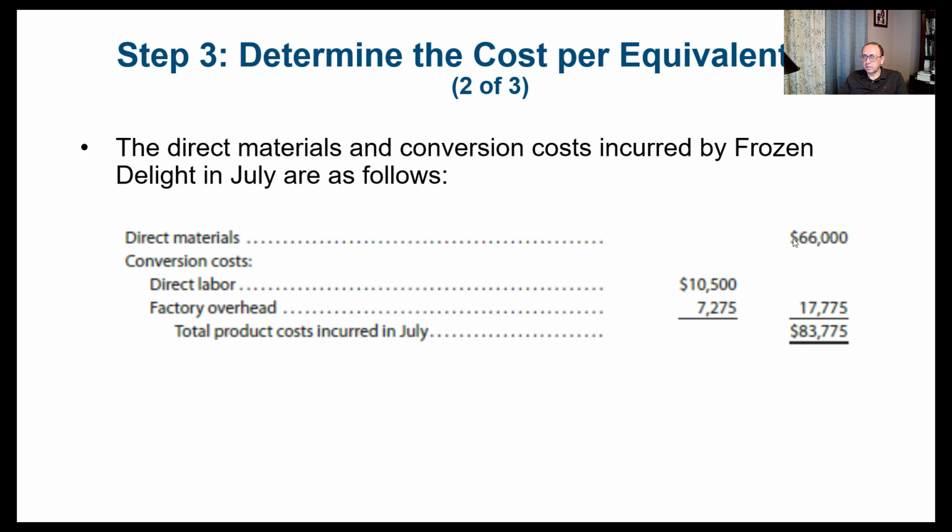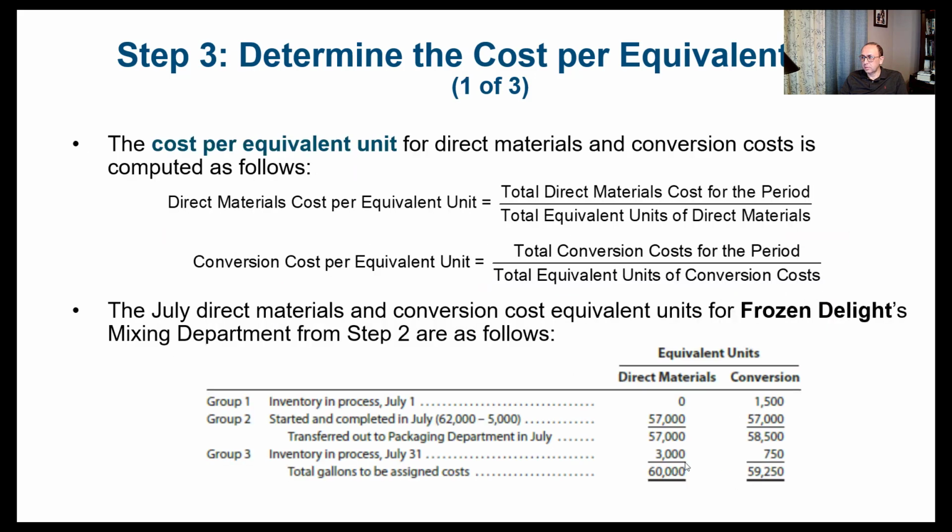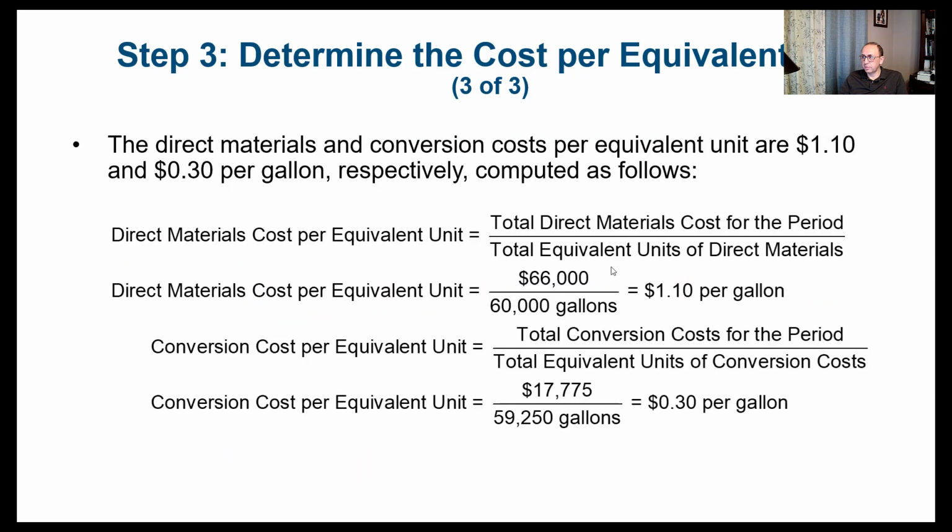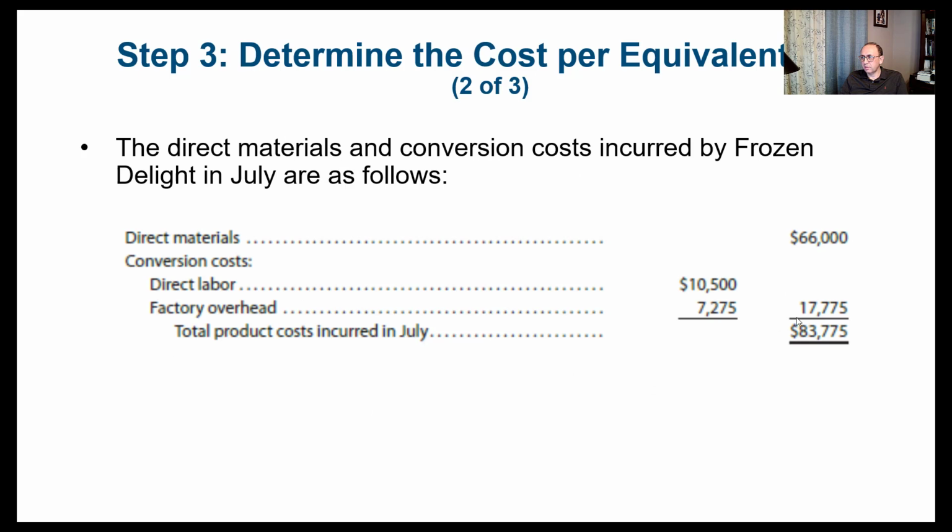Again, the 66,000 was the direct material, and this is the 60,000, the equivalent number of units. So 66,000 divided by 60,000 gallons is $1.10 per gallon. For the conversion cost equivalent, here we have 17,775, which is the total of these two numbers, the direct labor and the factory overhead.